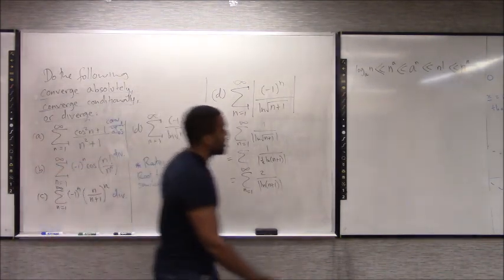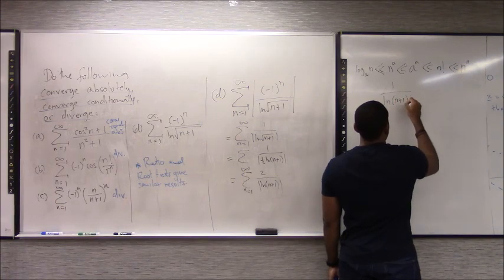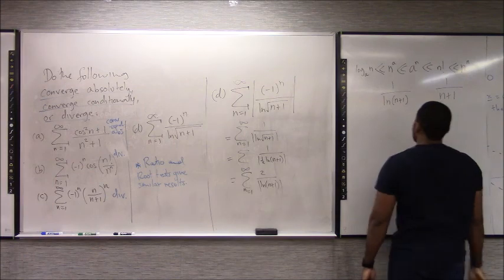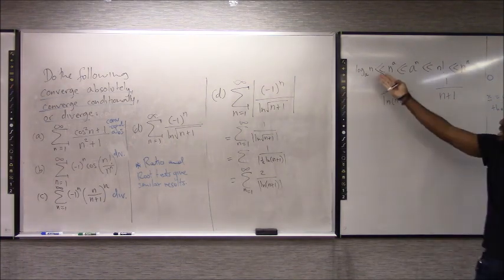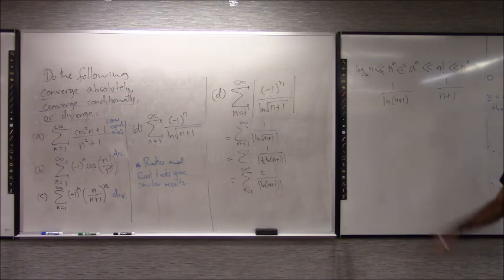In fact, I kind of realized that if I look at ln of n plus 1 and I compare that to say just n plus 1, what does this idea tell me? Well, n plus 1 is always going to be larger than ln of n plus 1. What does that mean for these two fractions?